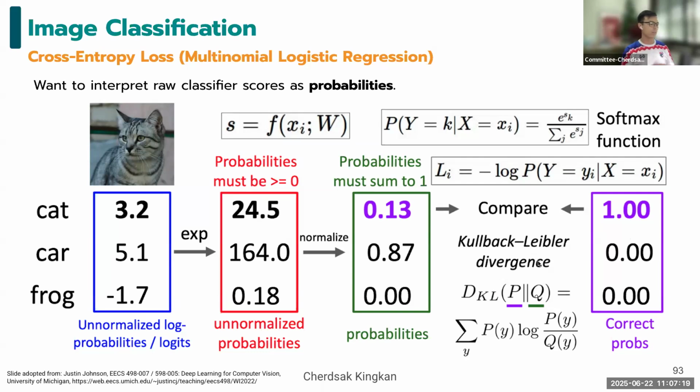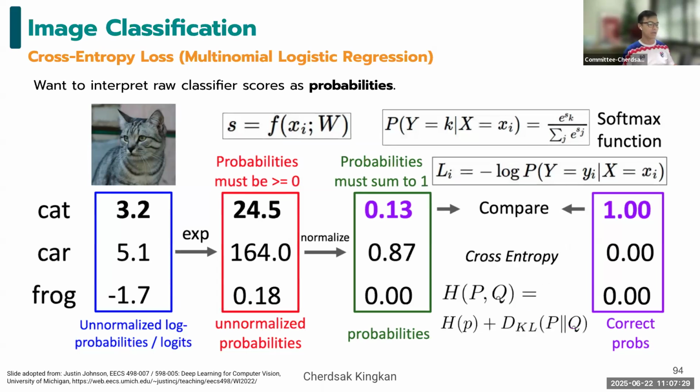The way you can compare them is to use what we call the KL divergence. The KL divergence is just a way to compare two probabilities. Another way you can use is the cross entropy, which is another way of comparing two probabilities. Cross entropy also includes the KL divergence, so that's why we use cross entropy.